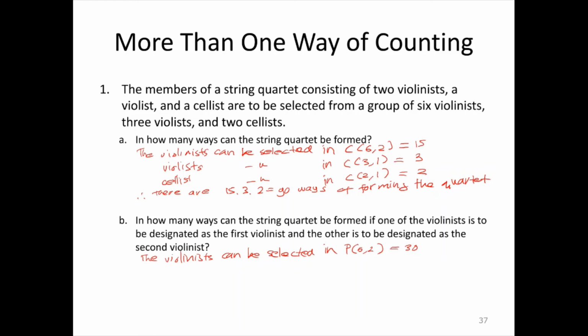The number of ways of selecting them is just the same, for violists and cellists, right? There's no difference. So altogether, to form the string quartet, we have 30 times 3 times 2, which is equal to 180 ways of forming the quartet, right?